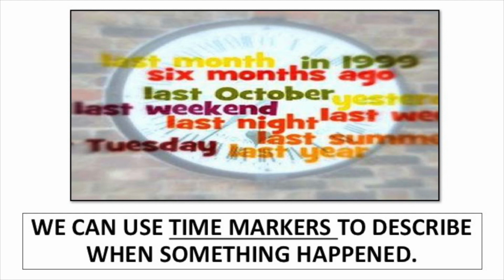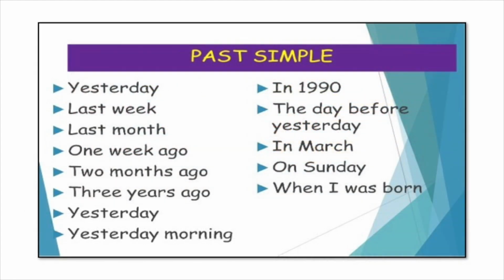For example, yesterday, last week, last month, 1 week ago, 2 months ago, 3 years ago, this morning. Every time we talk about something in the past, we use a time marker. And these are the times when it took place.